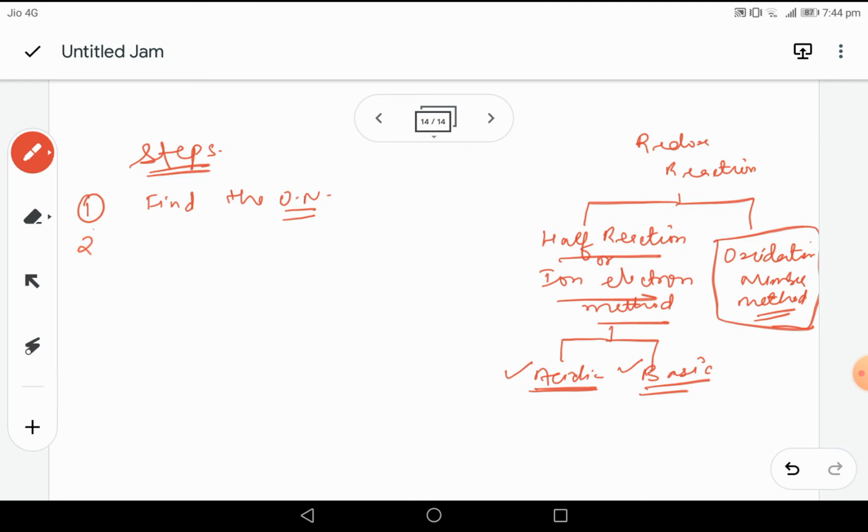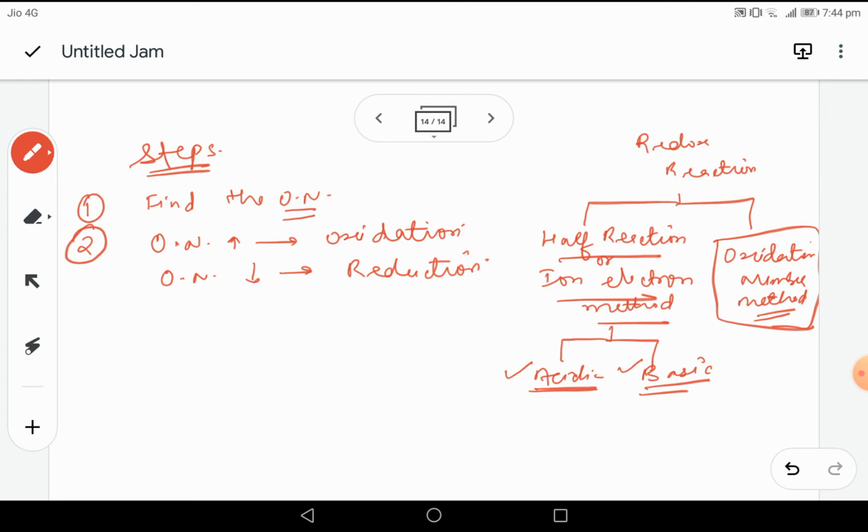The second is to see the case where the oxidation number increases and the case where it decreases. Point to be noted: when the oxidation number increases, it is said to be undergoing oxidation, and when the oxidation number decreases, it is said to be undergoing reduction.